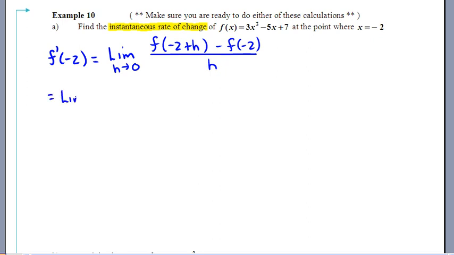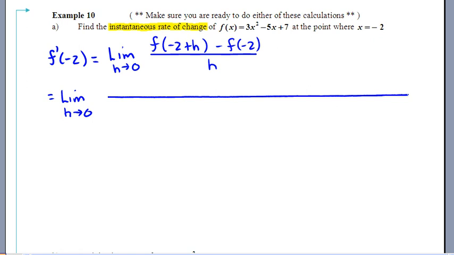Here goes. Doing the limit as h goes to 0. All right, so this numerator is going to turn into a big, ugly mess. I'm going to just use some red brackets to organize things here. This is going to be f at -2 plus h. So I would have to go, looking at the function, 3x squared. Whatever goes in, triple the square.